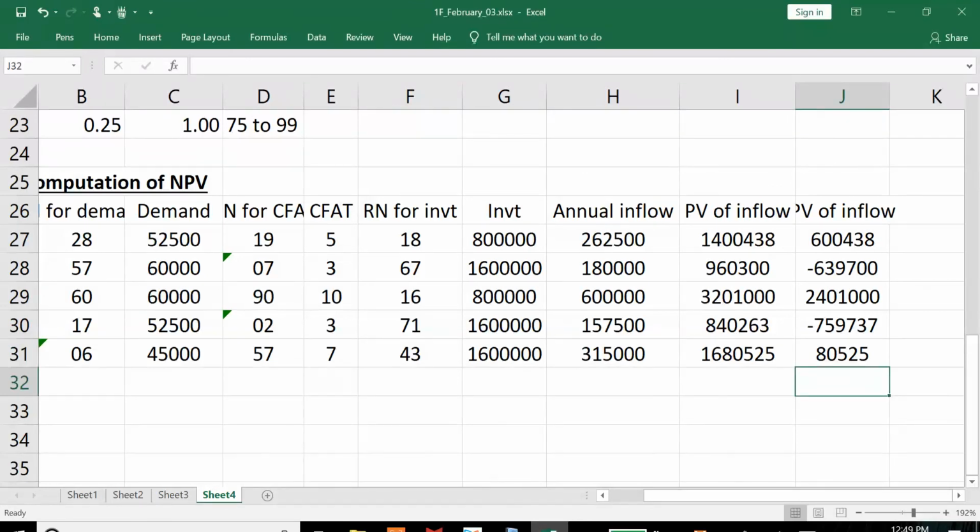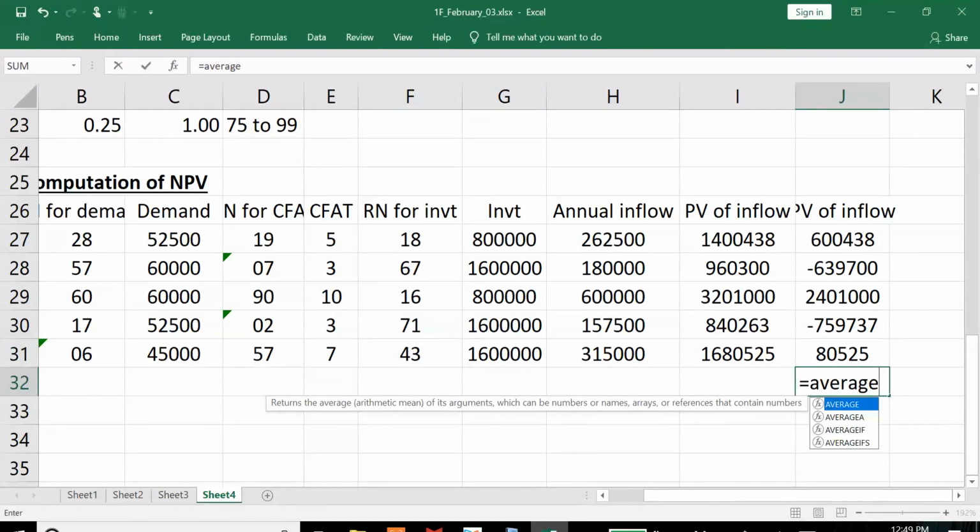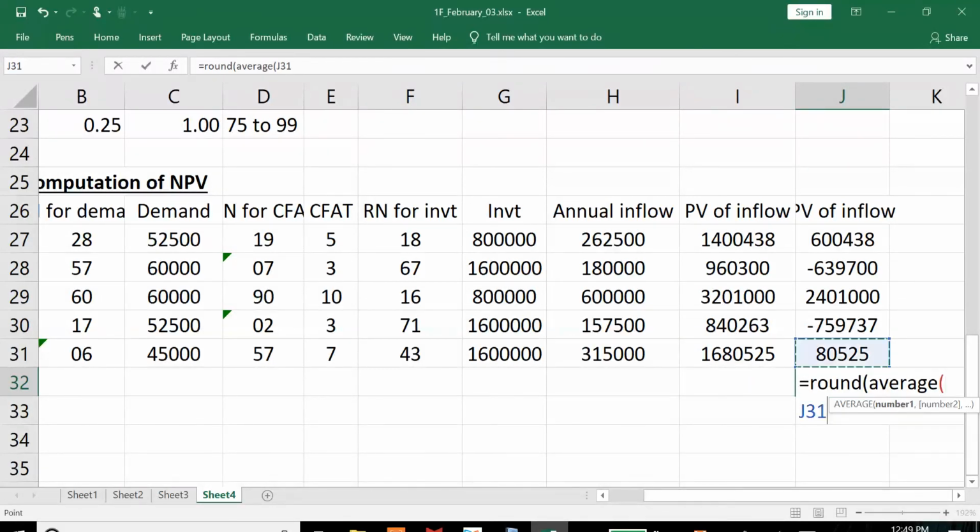And you can take an average of that. That's the average NPV. There's no probability and all, it's just a normal average.